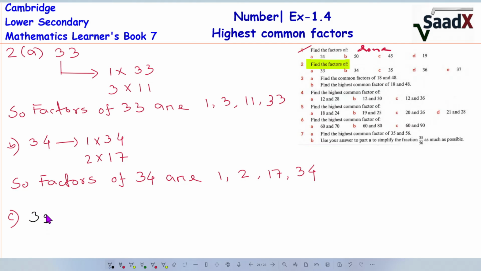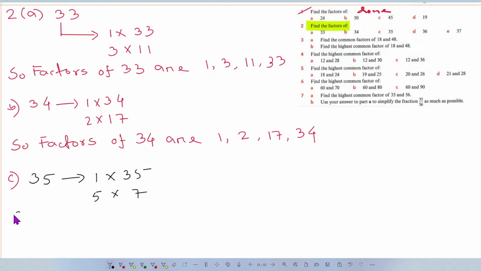So 35, 1 times 35, then 2, 3 is not possible, then 5 is possible, 5 times 7 is 35. So we can write factors of 35 are 1, 5, 7, 35, right?